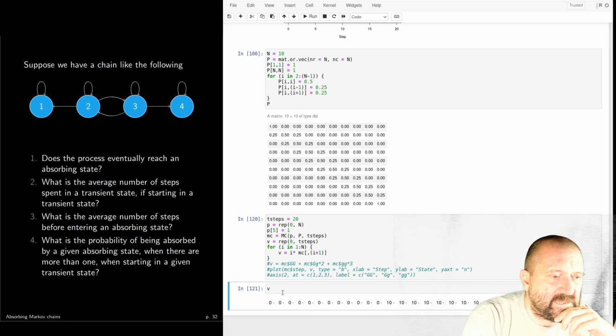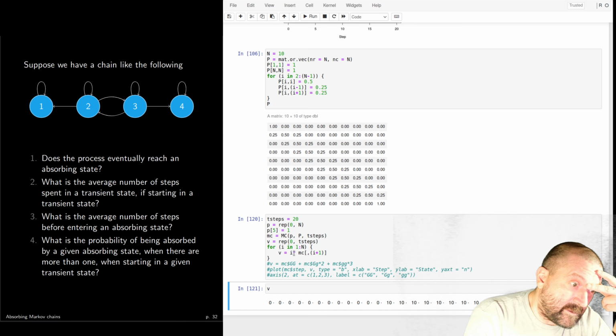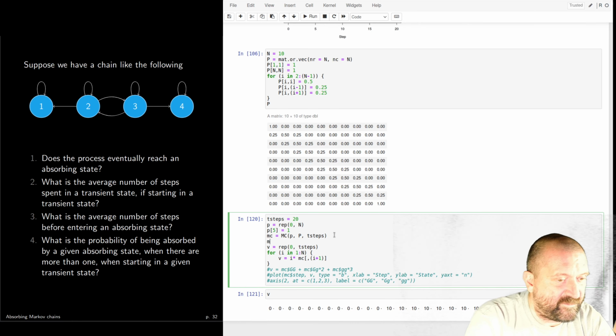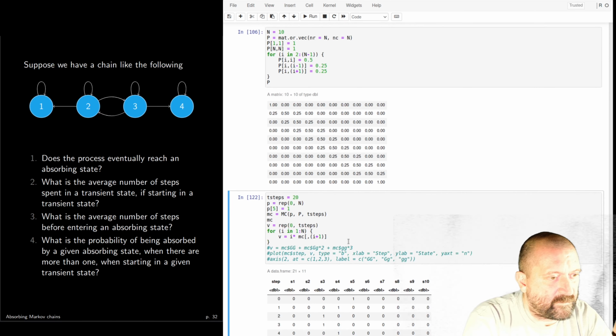Nah, this is not what... Actually, if I plot MC, it would be easier to see what we're looking at.